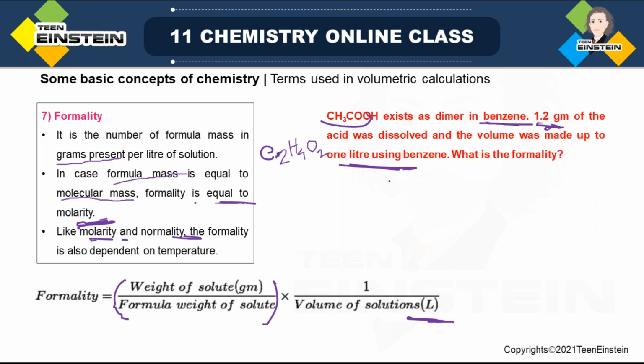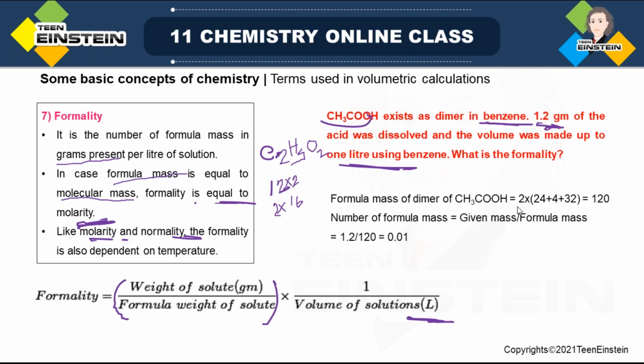That means for carbon it will be 12 into 2, so it will be 24. For hydrogen it is 4, and for oxygen it is 2 into 16. So in this way you can calculate the molecular weight: 24 for carbon, 4 for hydrogen, 32 for oxygen.